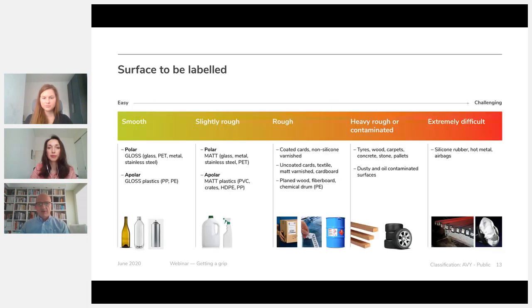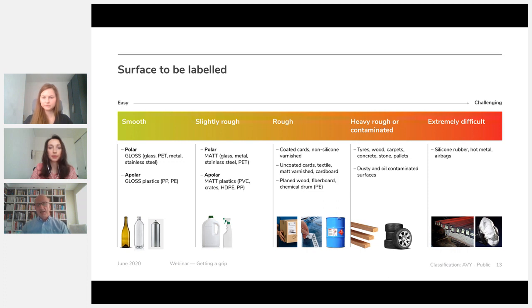So let's look at the surface to be labeled first. Like I said, there are two key criteria to consider. On the one hand, we have the roughness of the surface, and on the other hand, we have the polarity. So let's first start with the roughness piece. What you see here is a number of typical applications ranging from very easy, smooth surfaces, all the way up to challenging or very difficult surfaces.